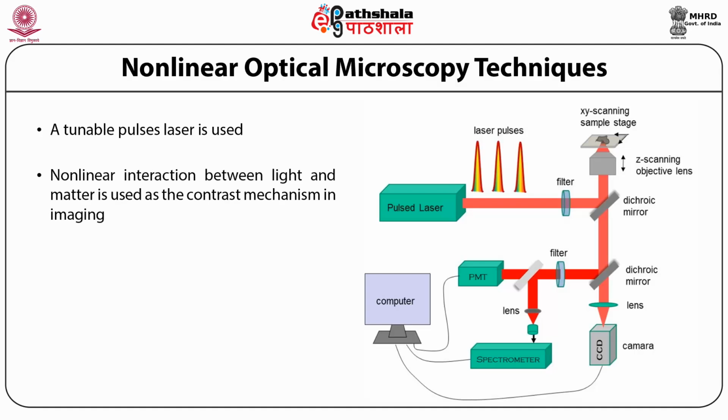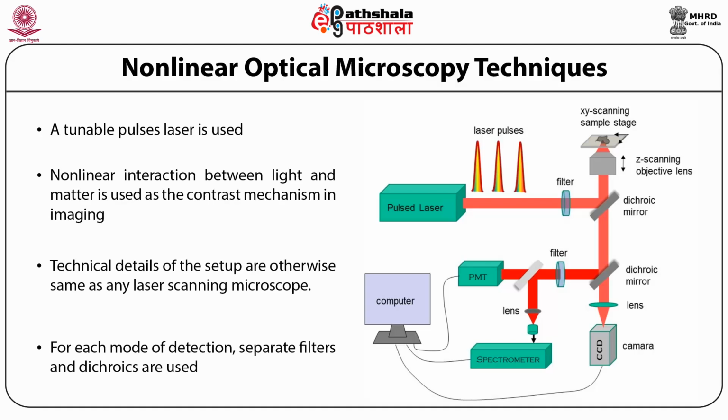So nonlinear interaction between light and matter is used as the contrast mechanism, and technical details of the experimental setups are otherwise the same as those discussed before in laser scanning microscopy techniques. And then which nonlinear interaction is used for microscopy is decided by the spectral selection of the light that is emitted or scattered by the sample.